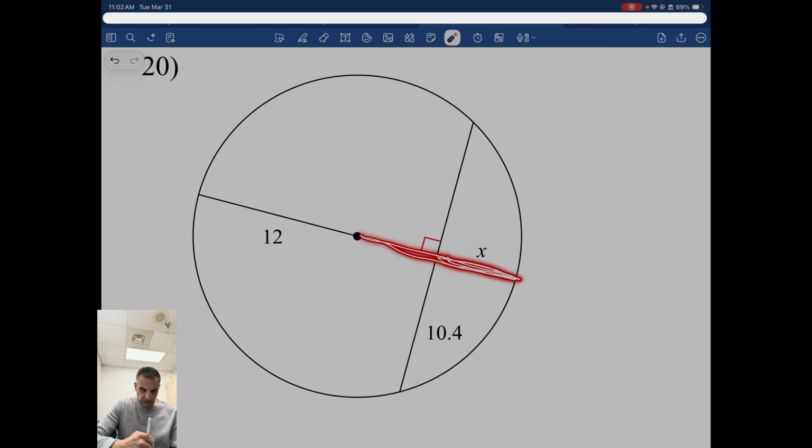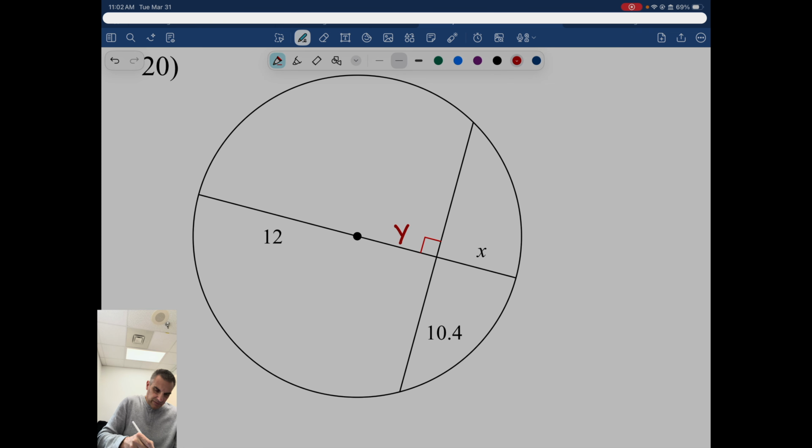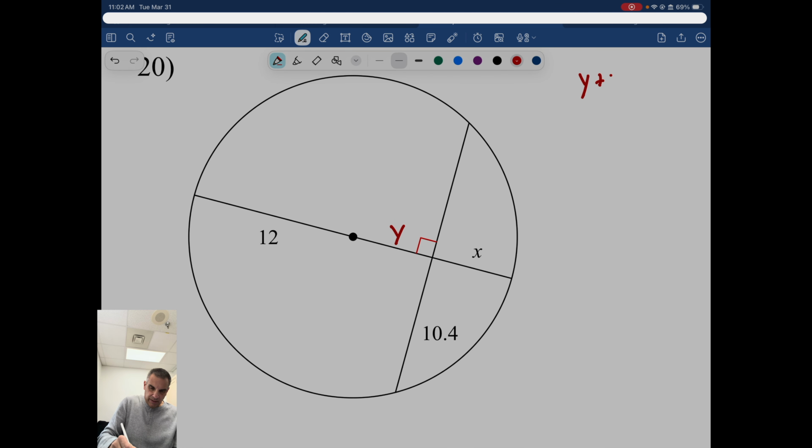But I know this whole distance is 12. So I know that y plus x has to equal 12. If I draw that right there, I've drawn a radius. I know that radius is 12. I've got a right angle there, so I've got this right triangle. So I can use that right triangle to find y, and then I can subtract that from 12.